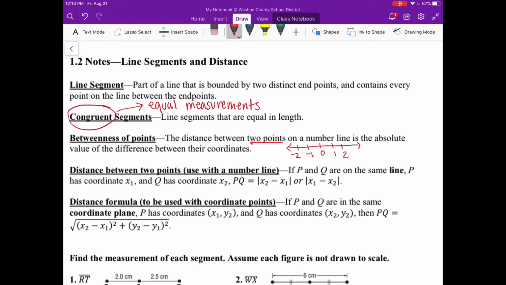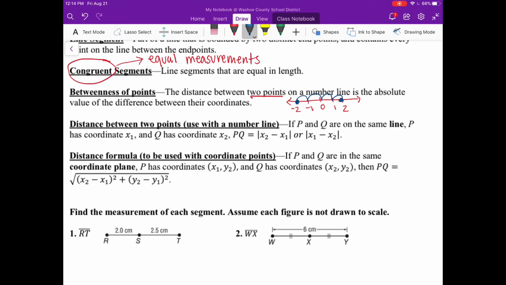Even though I have some negative numbers in here, the distance between this one and this one is going to be the absolute value. So it's not like I'm adding -2 plus 2 to give me 0. Instead, I'm counting the physical distance between 2 points, even if it is negative, and having an absolute value answer. So the distance between -2 and +2 would be 4.